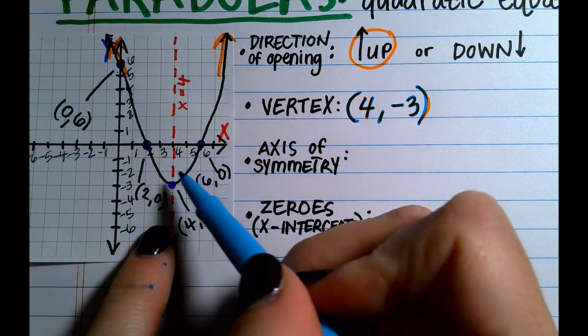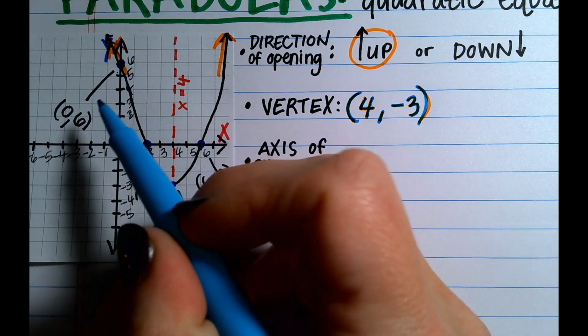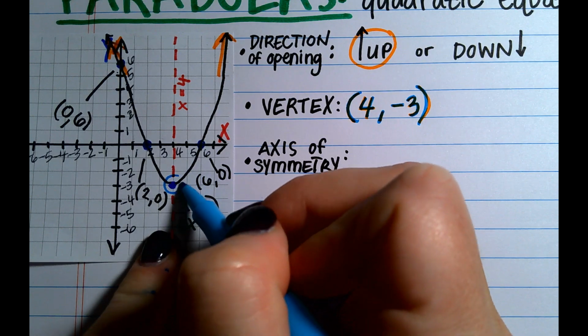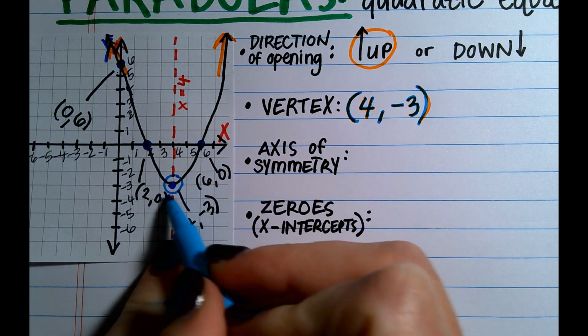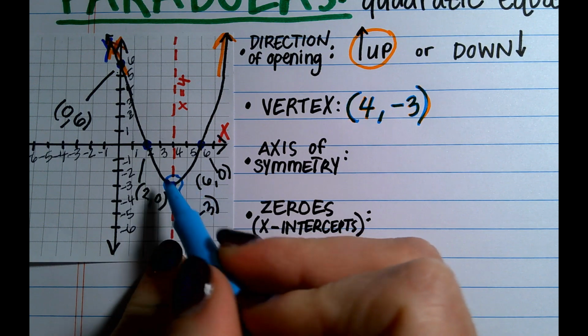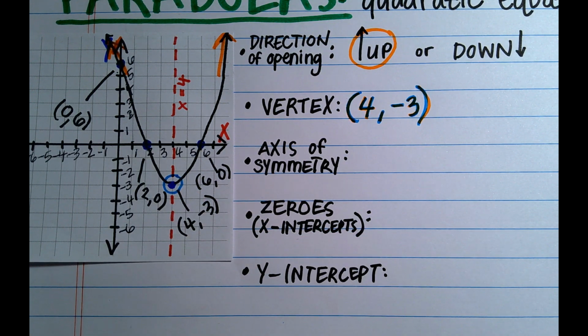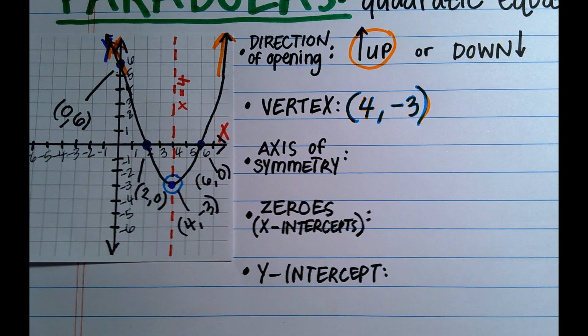So this is another way to think of vertex. Vertex is a V. This is also kind of like a V. It's the bottom of the V. That's your vertex. It's always going to be kind of the pointy part. And it's just whatever the coordinate is.